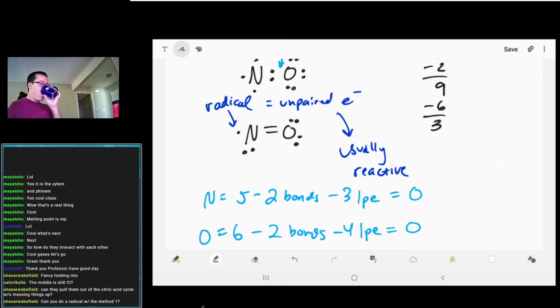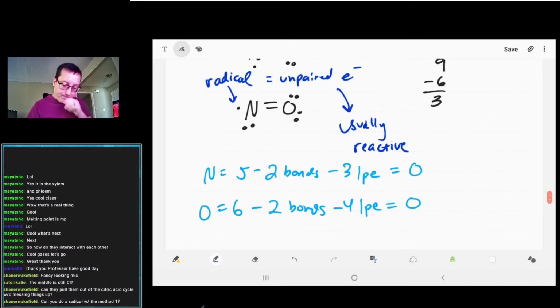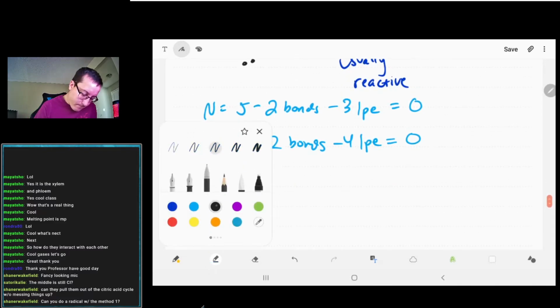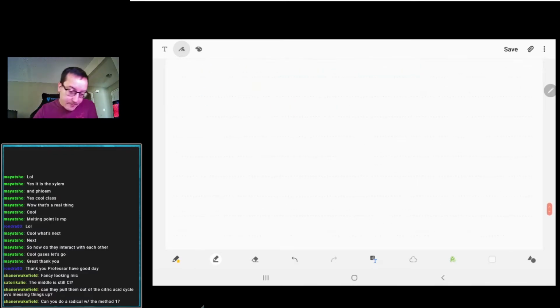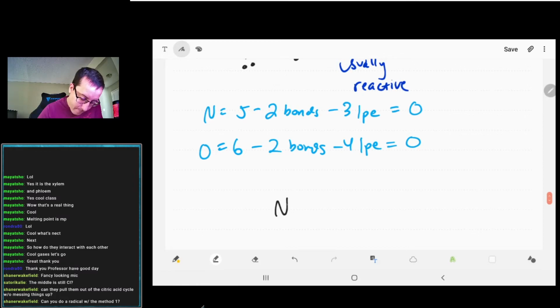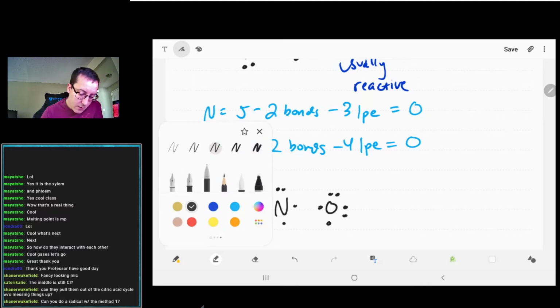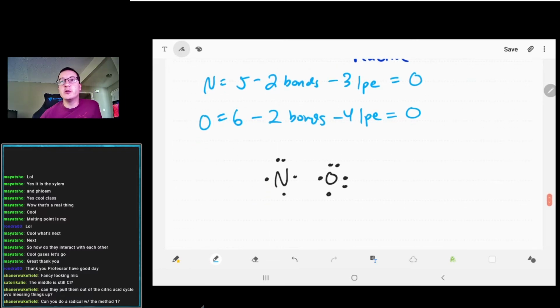Yes, we can. Alrighty, let's do that same molecule then. So remember, method 1, we want to make our outer atoms happy.